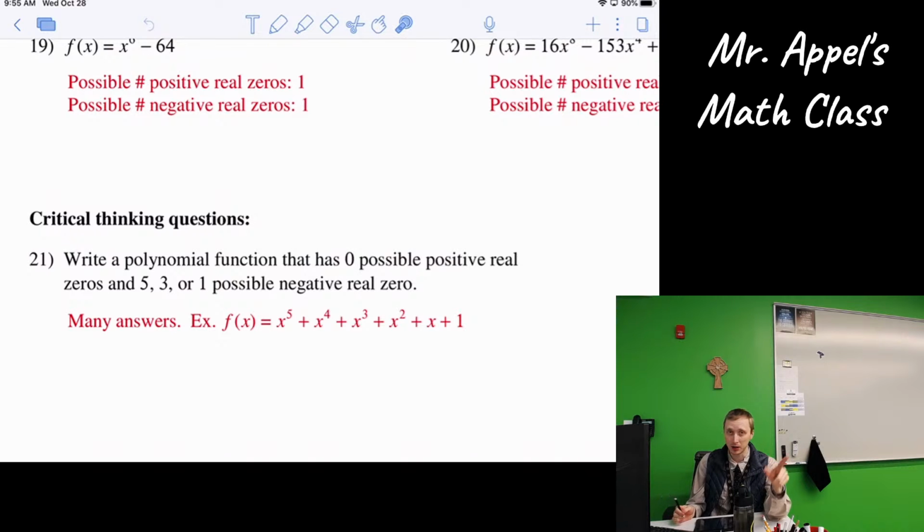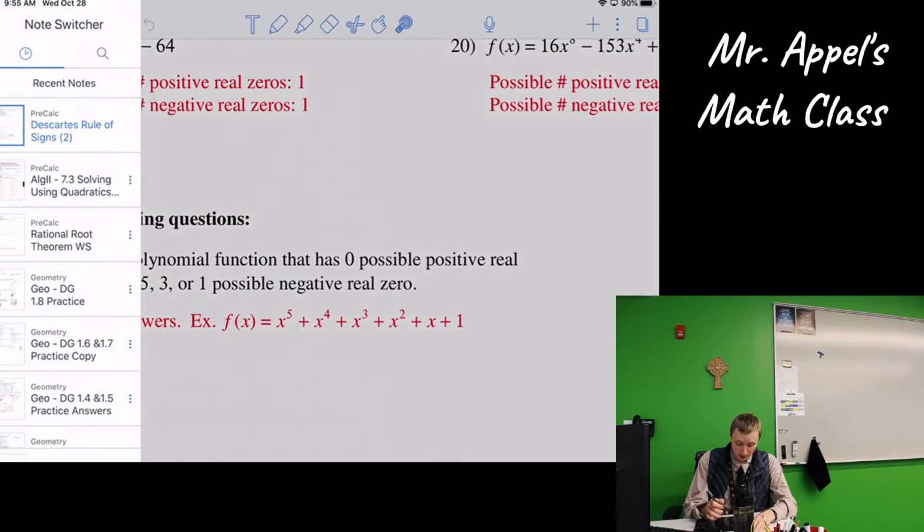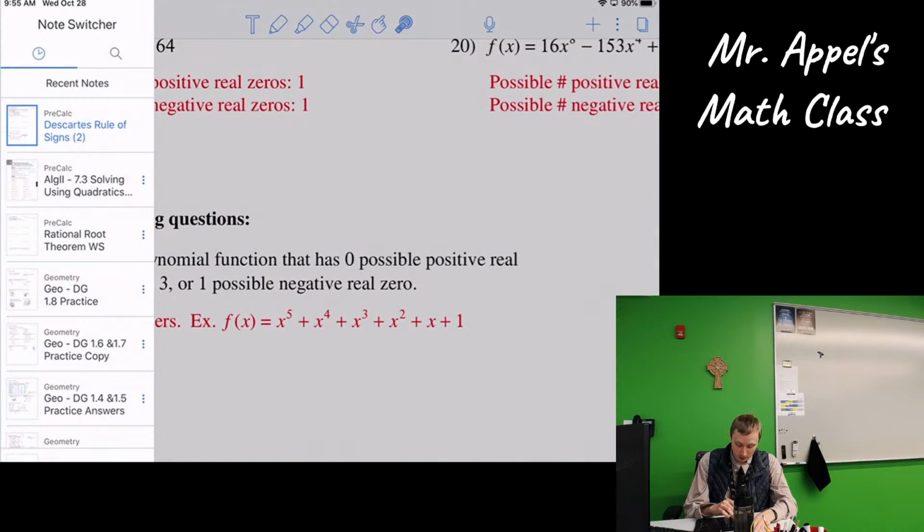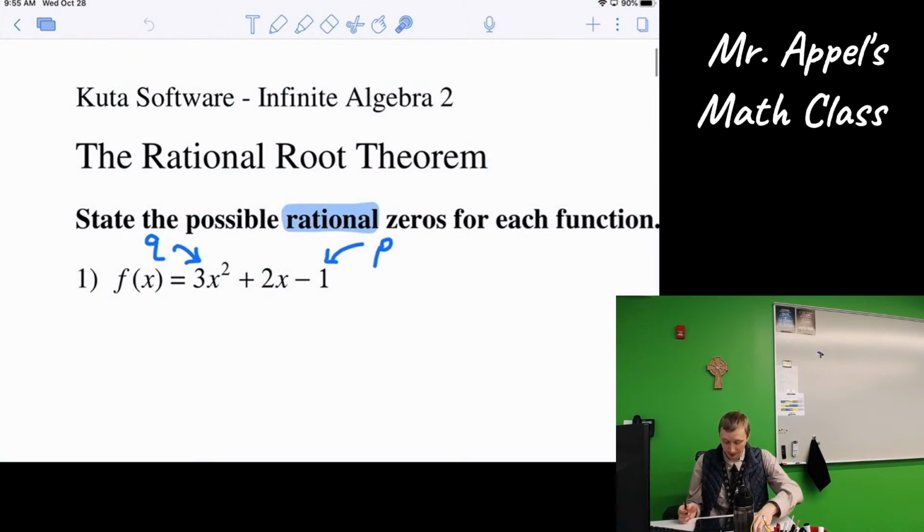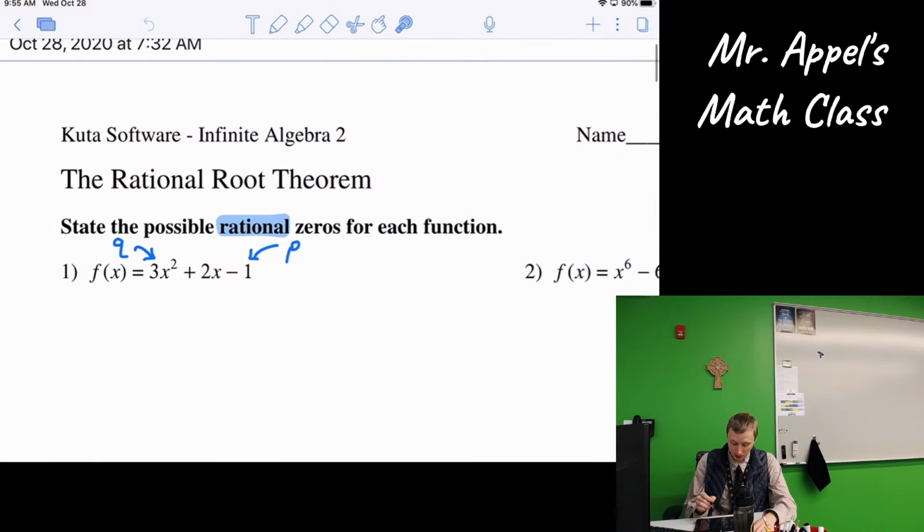No? All right. Then, for our next trick, we're going to state all the possible rational zeros for a given function.